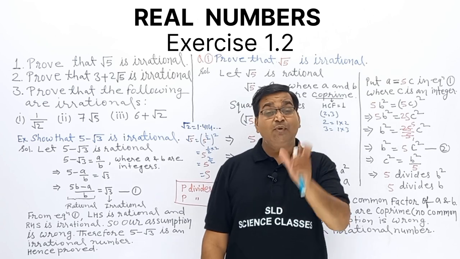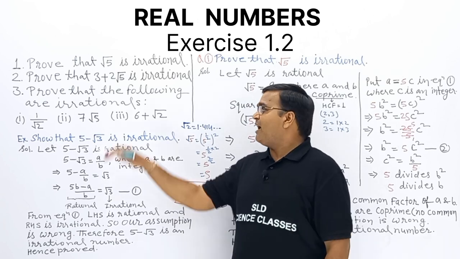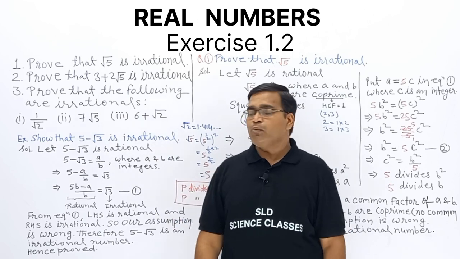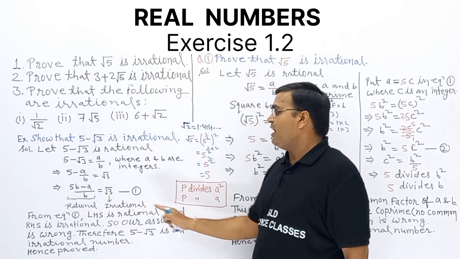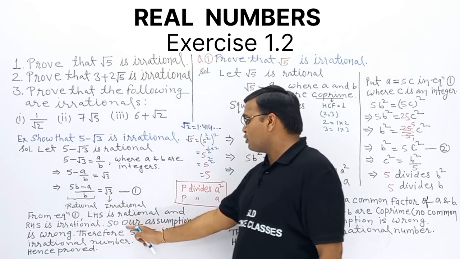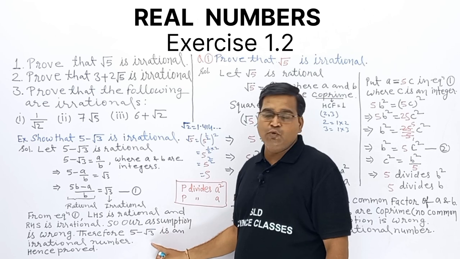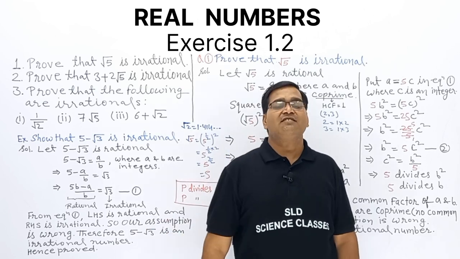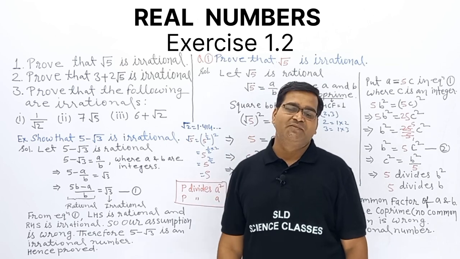It means this equation is not correct, so our assumption is wrong. So what will we say? From equation 1, the left hand side is rational and the right hand side is irrational, so our assumption is wrong. Therefore 5 minus root 3 is not rational. It is irrational, and it is proved.